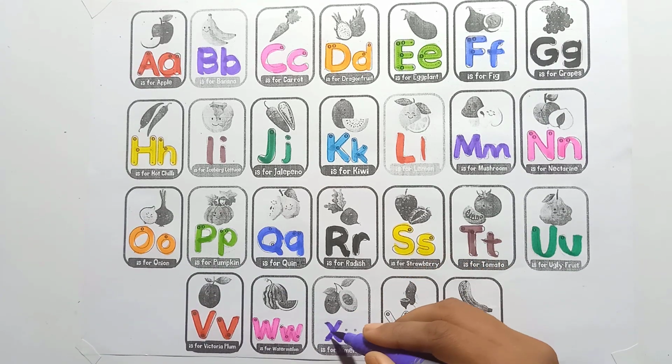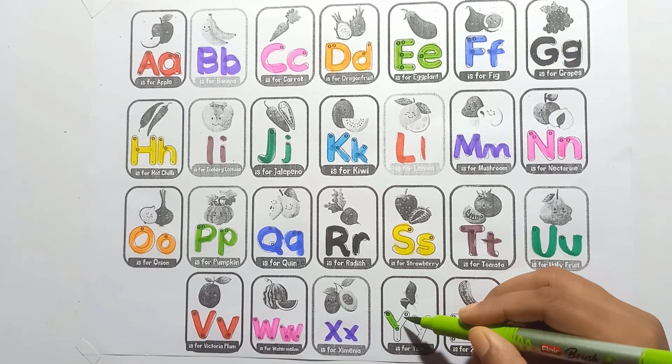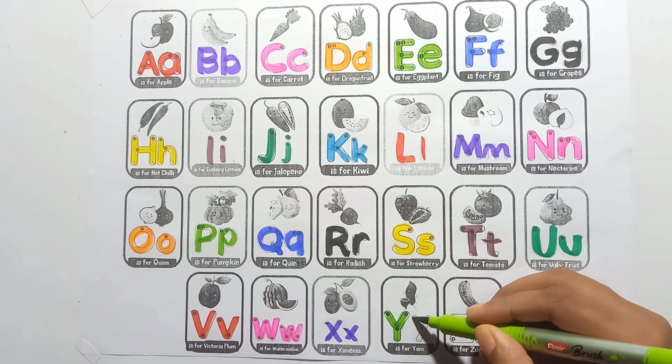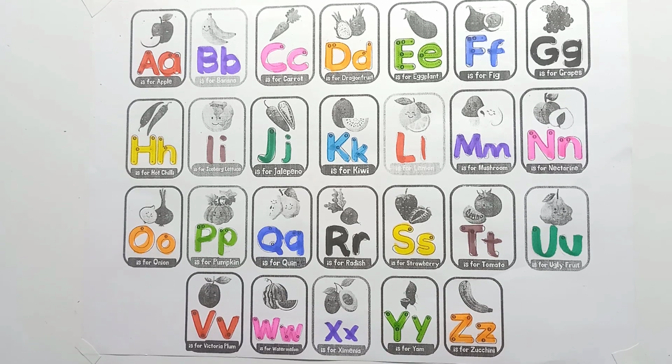X. X is for Germania. Y. Y is for yam. G. G is for zucchini.